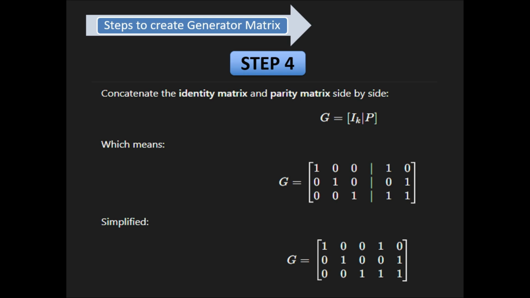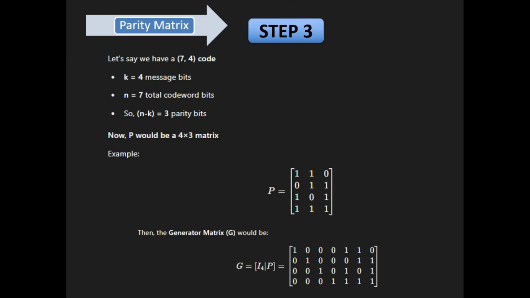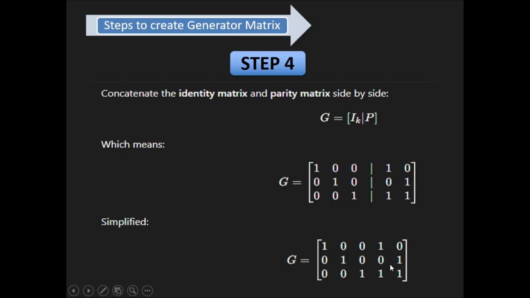These two generator matrices come from two linear block codes. This one was created for the (5,3) code, but the other was created for the linear block code (7,4).